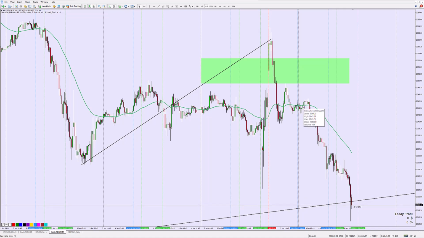So 3 points, I sell the market. You can sell it at 1 point and put your stop loss and target, and then you wait until it happens. Or you can divide your lot size into half and enter the market twice. But I normally enter just once at this point.